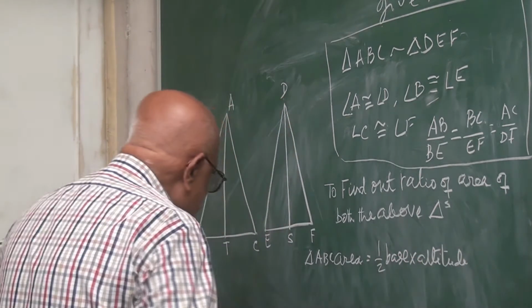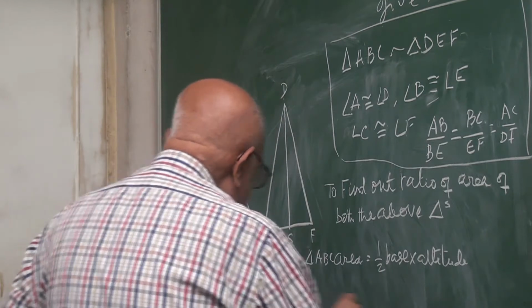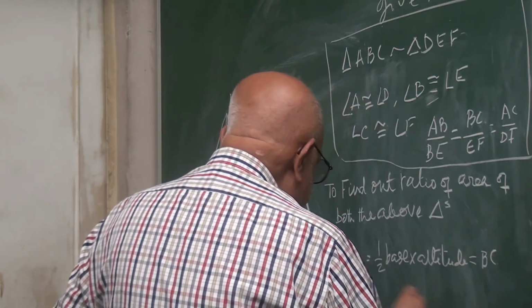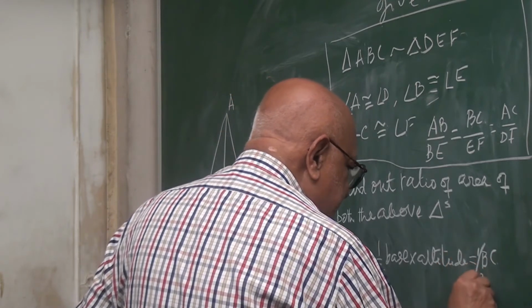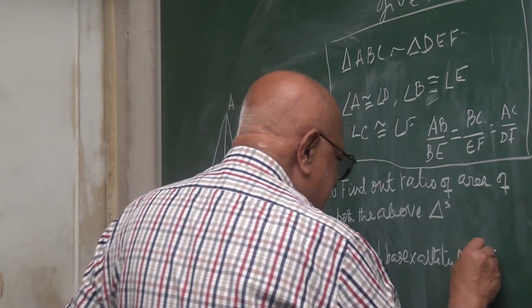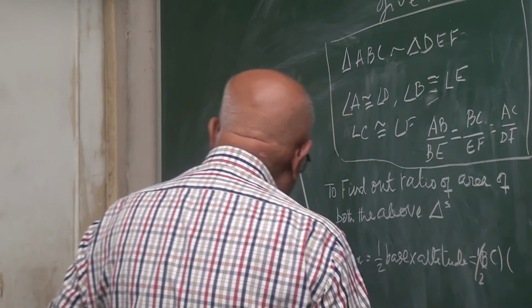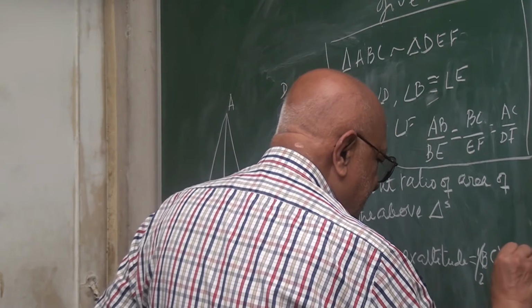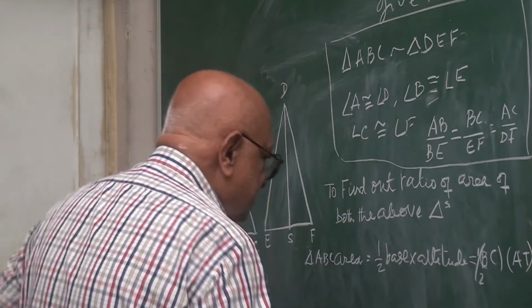What is its base? For ABC, the base is BC, and it is half, so the half should be continued. BC is there and what would be there? AT. Agreed? Has to be. There is no other alternative.